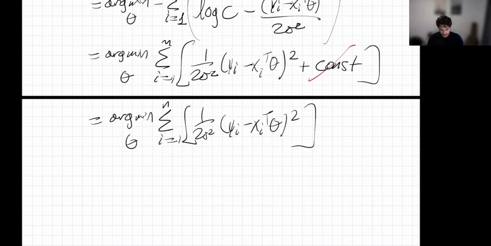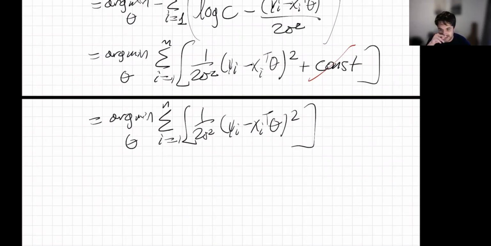This inner product between xi and theta is an affine predictor, and we're fitting this theta, the weights, in order to minimize the squared loss, this quadratic loss, with respect to the observed labels. That's it.